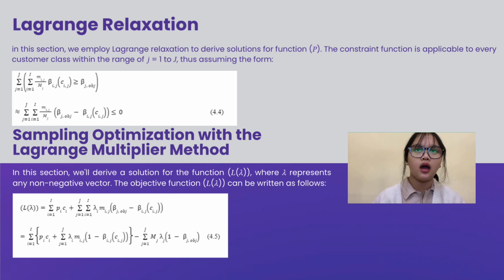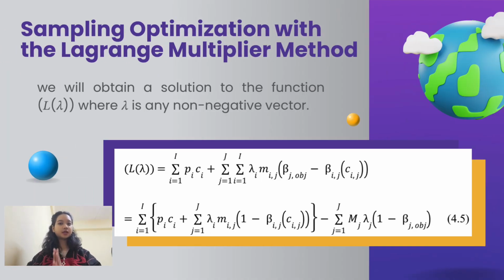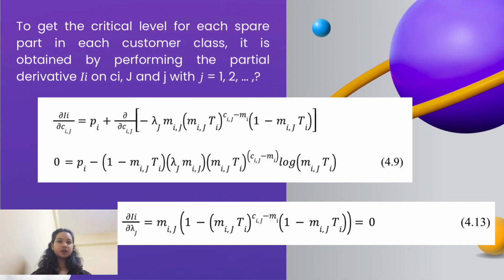The objective function, which is L lambda, can be written as follows, as you can see in picture 4.5. We obtain a solution to the function L lambda, where lambda is any non-negative factor, which is in the equation. To get the critical level of each spare part in each customer class, it is obtained by performing the partial derivative of I, C, J, where J is equal to 1, 2, and so on.